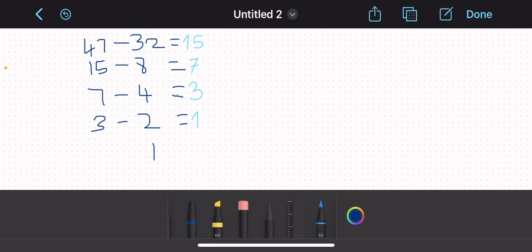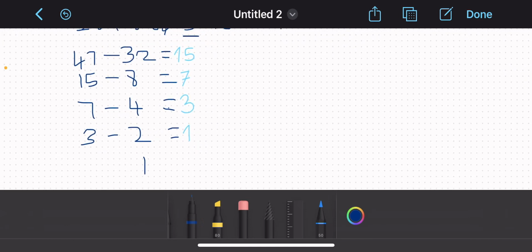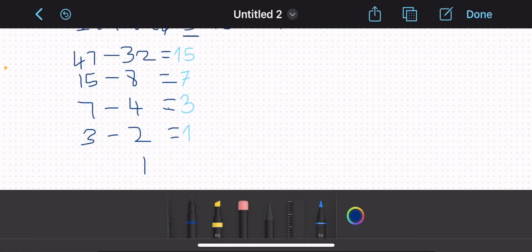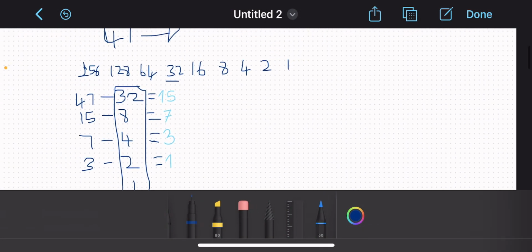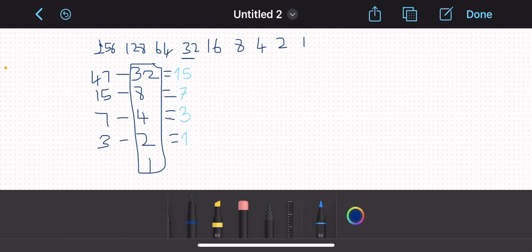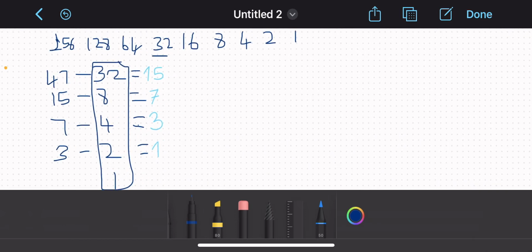And then we take these numbers here, which are very important. We're going to start from 32, because we started subtracting from 32. We're going to write 32, 16, 8, 4, 2, 1.